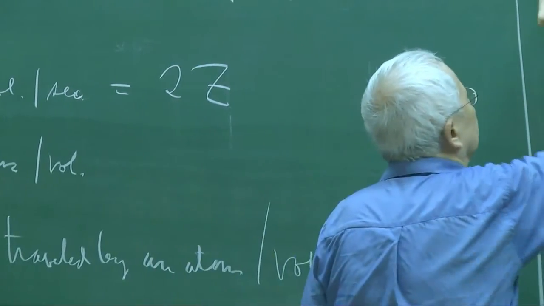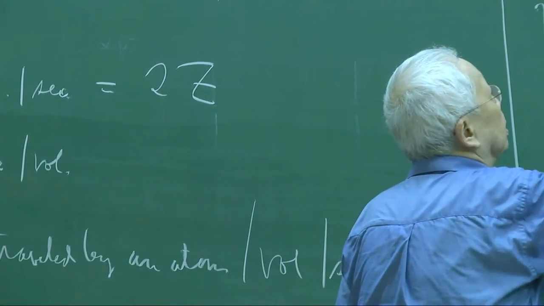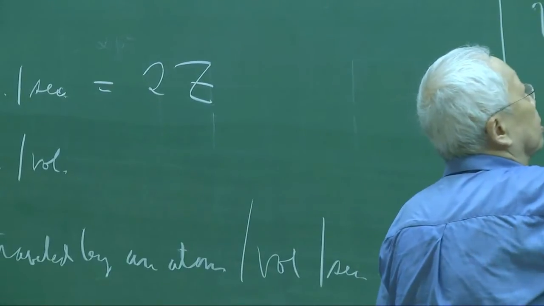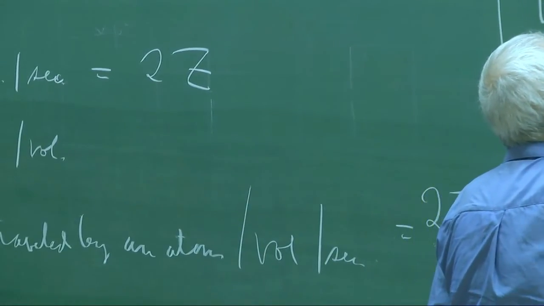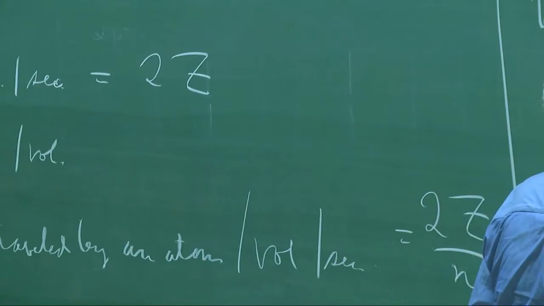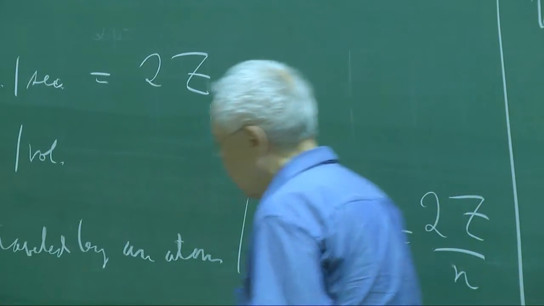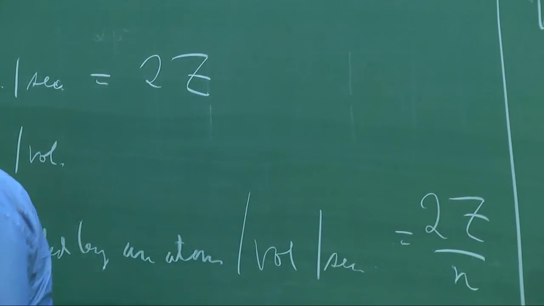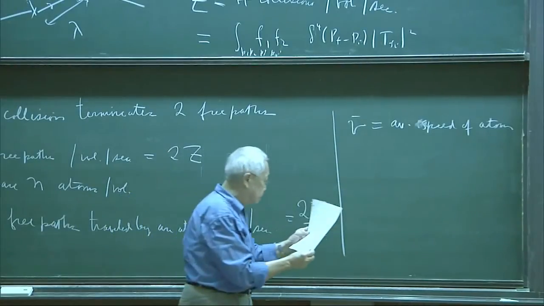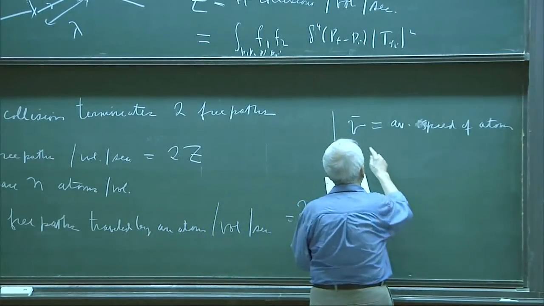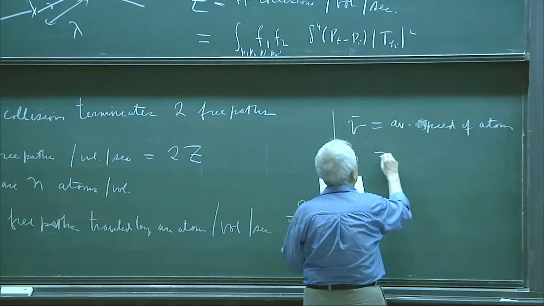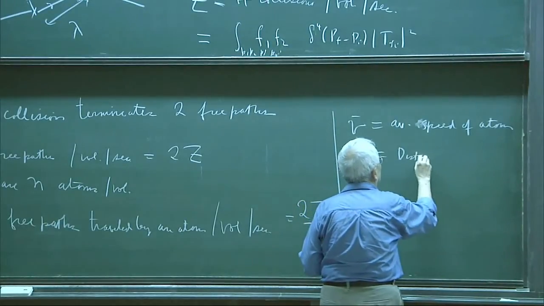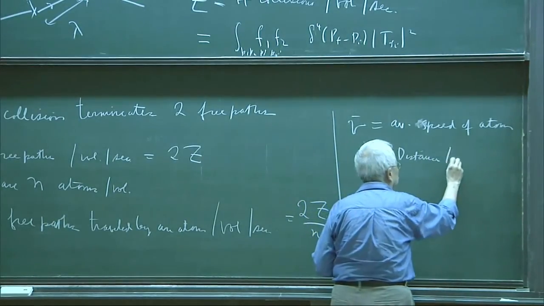Suppose v is the average velocity, the average speed of an atom. Then this is the distance traveled per second, right? It's the distance it travels per second.